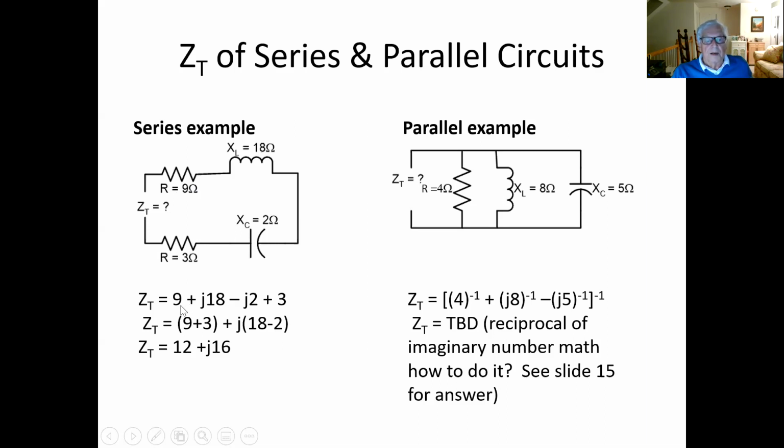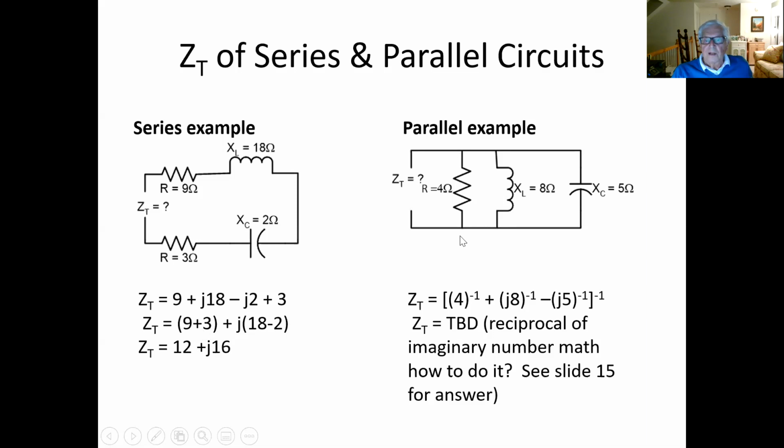So we combine the real parts, 9 and 3, to give us 12, and we combine the imaginary parts, 18 and minus 2, to get 16. So ZT is equal to 12 plus J16.